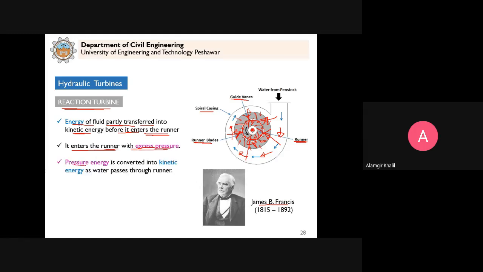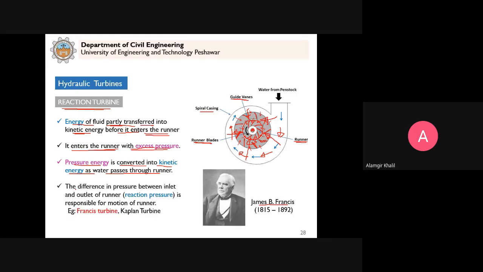This pressure energy is converted into kinetic energy as the water passes through the runner. The difference in pressure between the inlet and outlet of the runner, that is the reaction pressure, is responsible for the motion of the runner. So this is how the reaction turbine in general works.